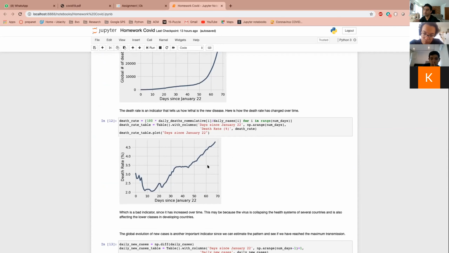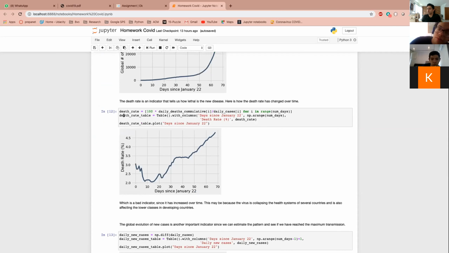What's interesting here is the death rate. What I found is that at the beginning it was around 2%, and here I calculated the death rate, and we can see that nowadays the death rate is quite large. And I found it may be due to two reasons.